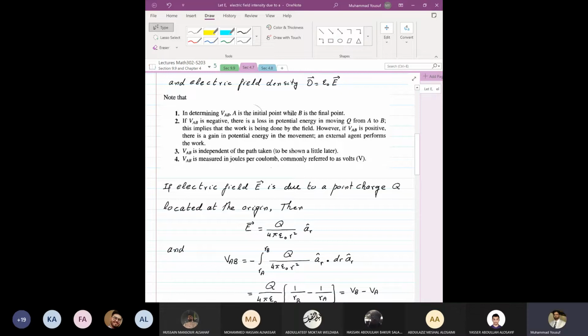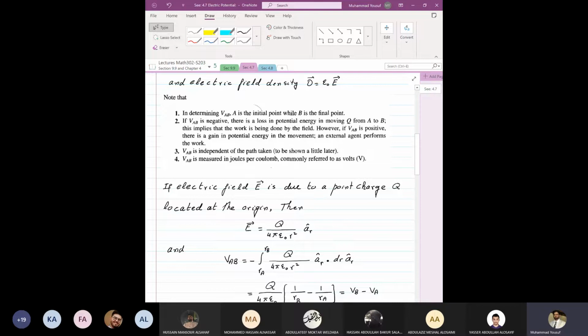Okay, if electric field E is due to a point charge Q located at the origin, then E will be given by Q over 4 pi epsilon naught R squared a_R in the radial component, and V_AB will be the integral from r_A to r_B of Q over 4 pi epsilon naught R squared a_R dot dr a_R, and when we do this integration we get this answer.